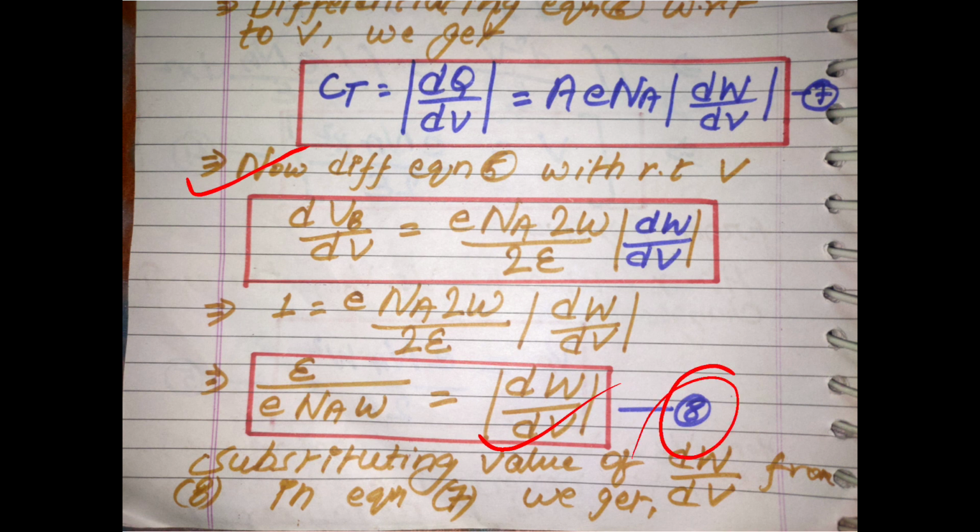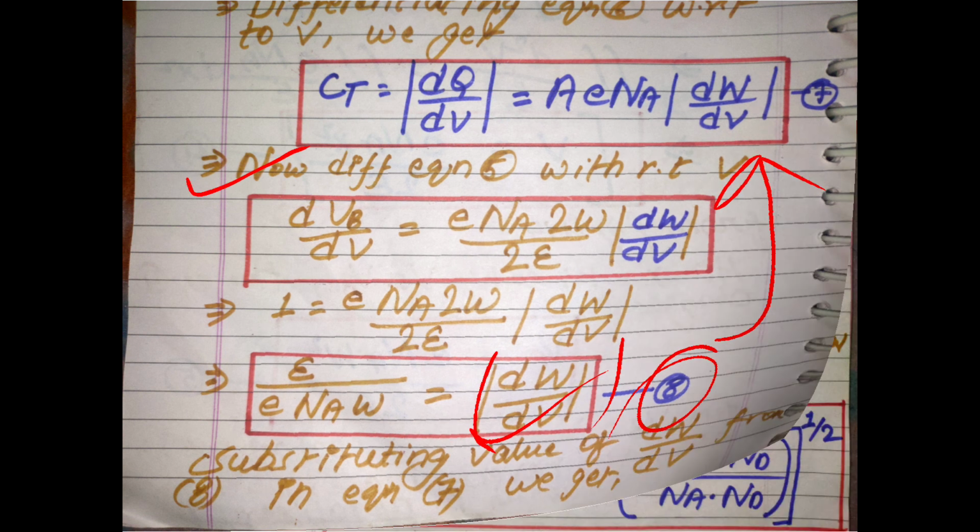From equation number 8 we will substitute the value of dW/dV in equation number 7. Then we obtain a new equation.